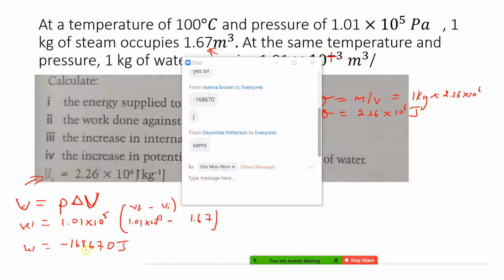Why am I getting, what did I do here? Let me just check again. Why am I not getting that?